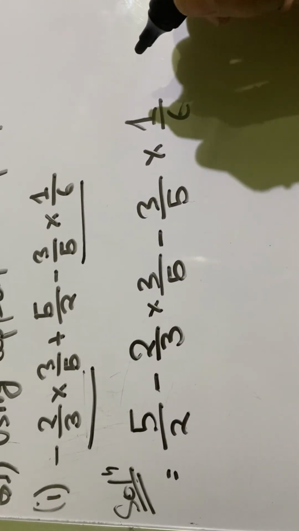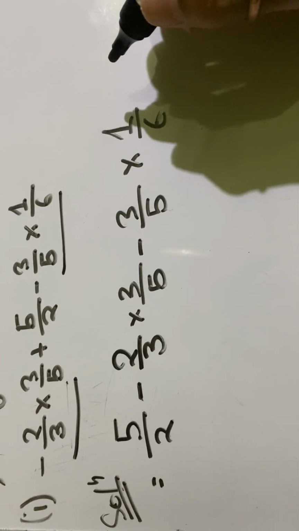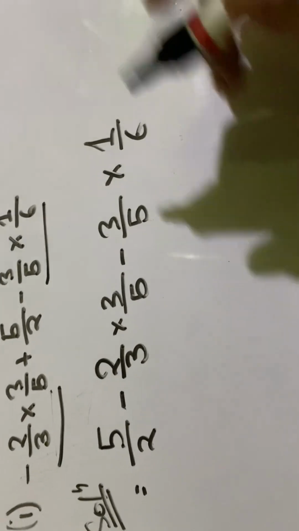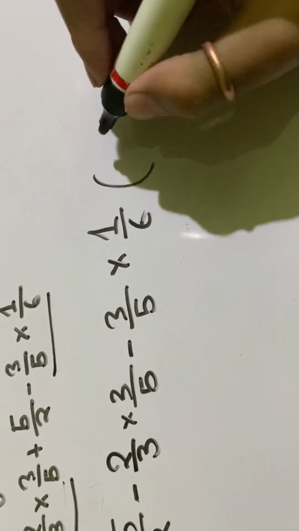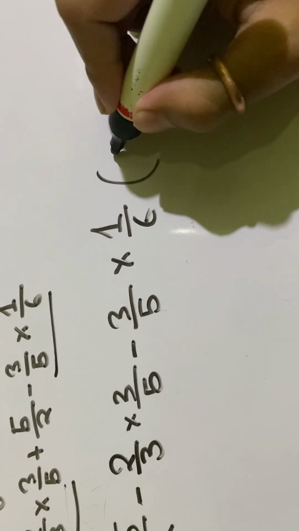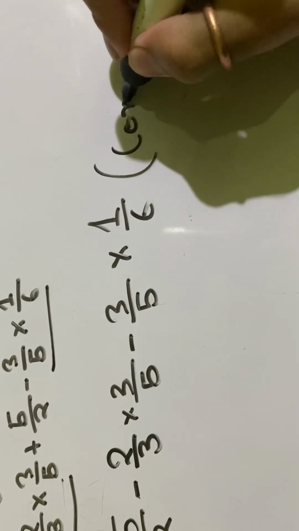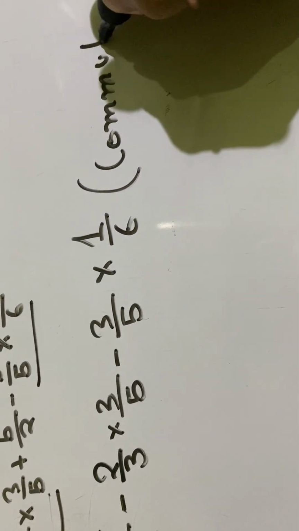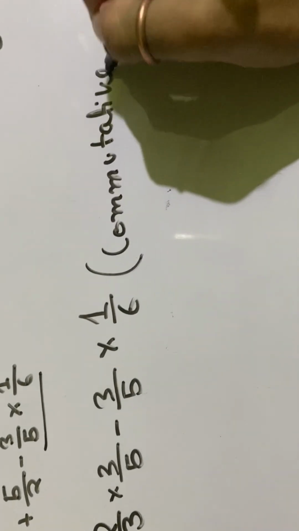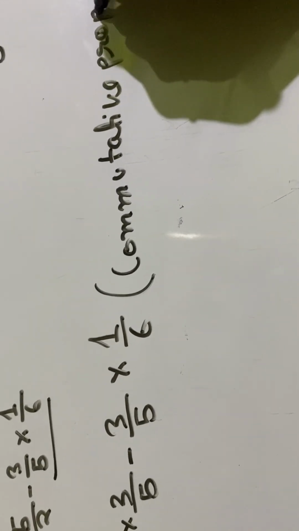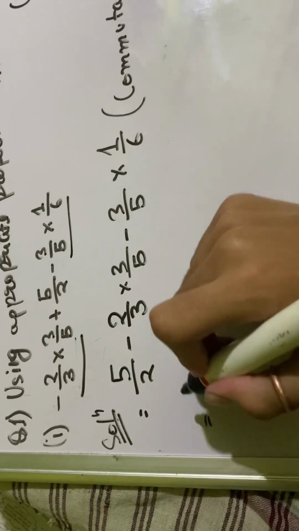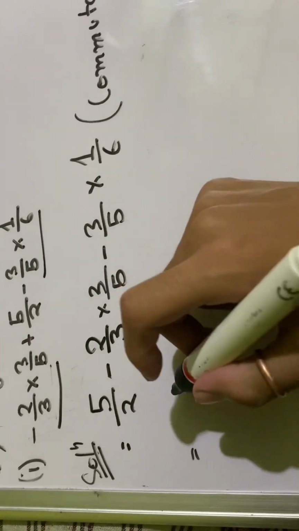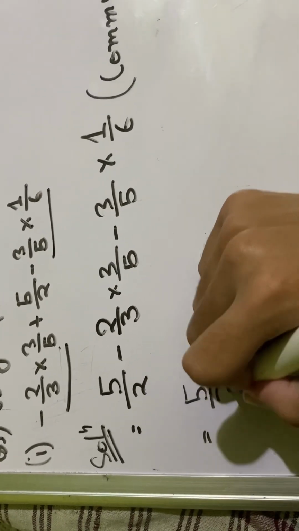and after writing this, you can write beside it that this is the commutative property. Then you write 5 by 2.